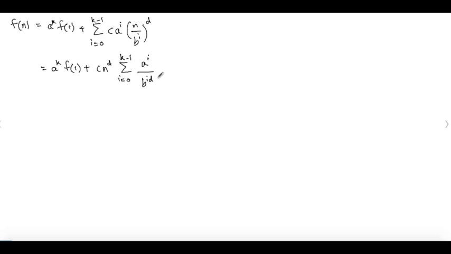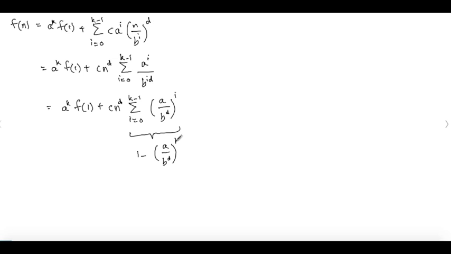Or the better way is to write it as a to the k f of 1 plus c n to the d summation i is equal to 0 to k minus 1 of a over b to the d, to the i. So what is this? This is nothing but a geometric series, whose form is 1 minus a over b to the d to the power k, divided by 1 minus a over b to the d. Correct?